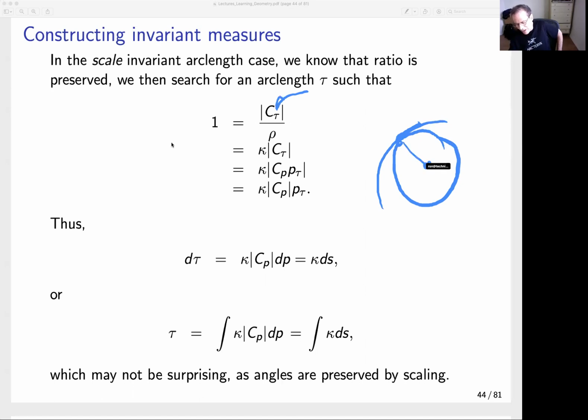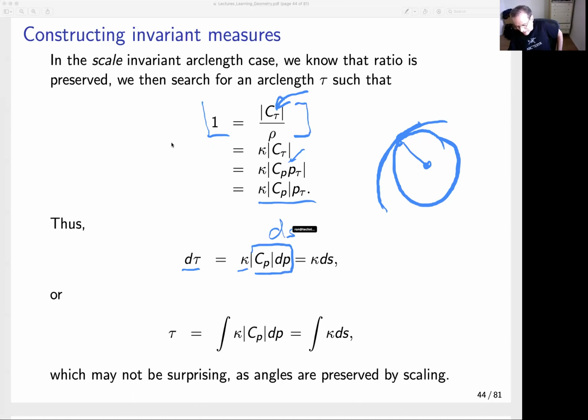If I find a way of traveling along the curve such that this ratio is always valid, then I have found a scale invariant arc length. As I do the derivation, I'm again moving from tau to p, and at the end of the day, this is what I would be getting. Why? Because rho is 1 over kappa, 1 over the curvature. And what I would get is that d tau equals curvature times ds, I mean velocity times delta s.